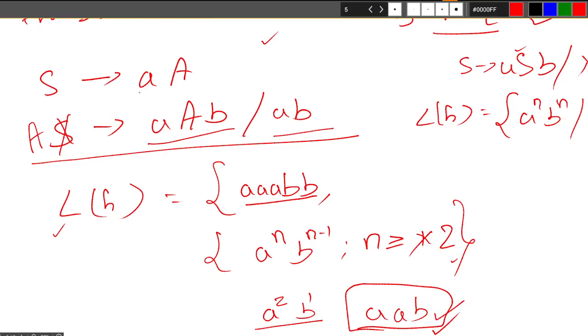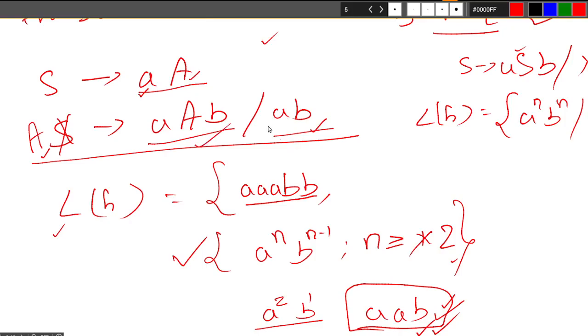Starting with S gives AA, you have one A, and this A is substituted with AB. A is replaced with this AB, so you get AAB, the smallest possible string. So definitely this is your language for this grammar.